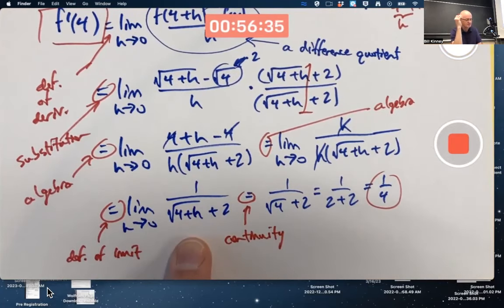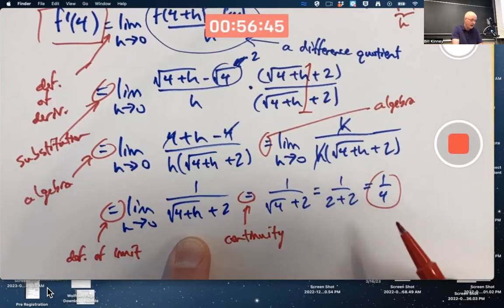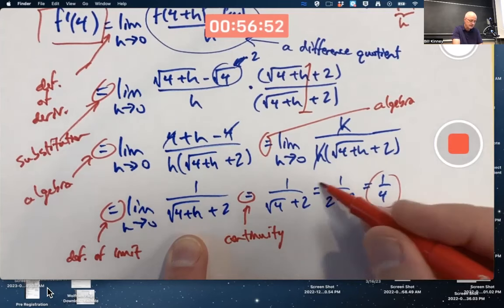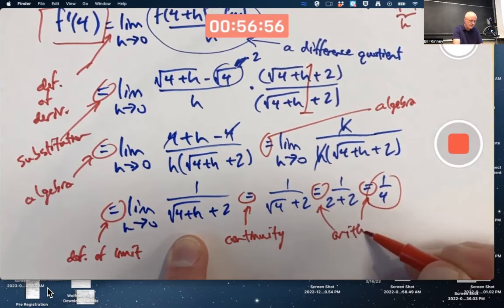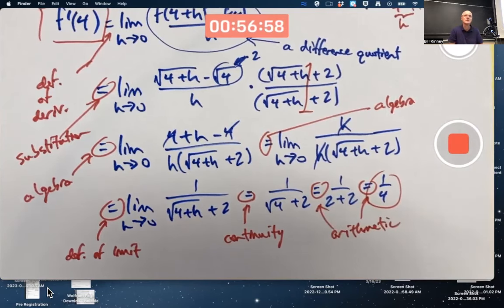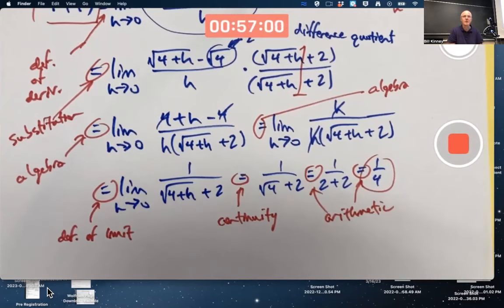This function is a domain where h is greater than or equal to negative 4, and for all those values of h is continuous. No problem with dividing by 0. And that's just arithmetic. Right? Whatever. 4th, 5th, 6th, 7th grade math, arithmetic.